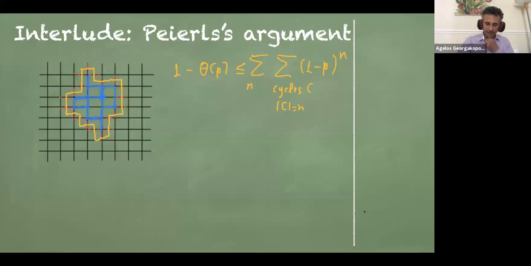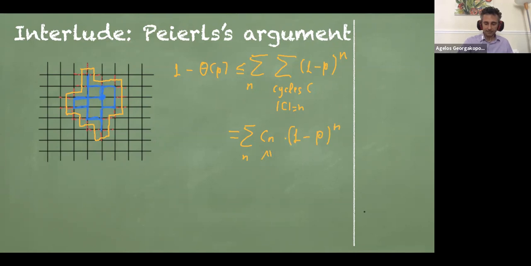All right, and I can rewrite this sum over all n. This is constant up here, it doesn't depend on the cycle C. So I'm just multiplying the count of these cycles by the expression on the right. And I have an easy upper bound for C_n.